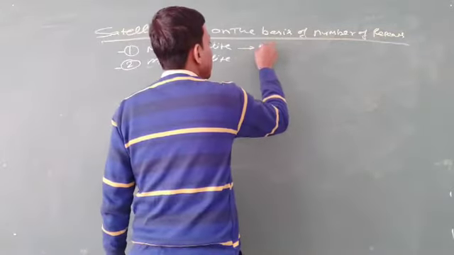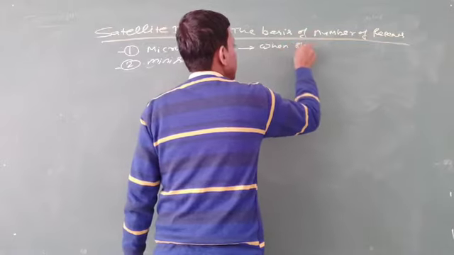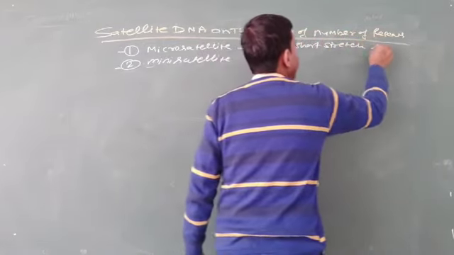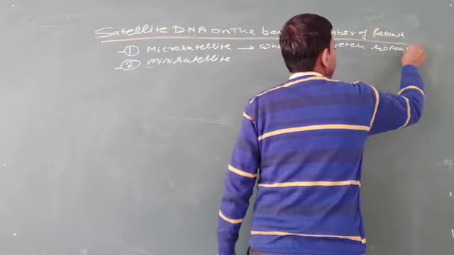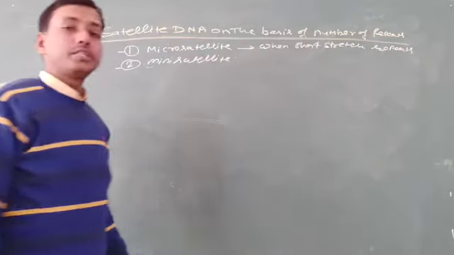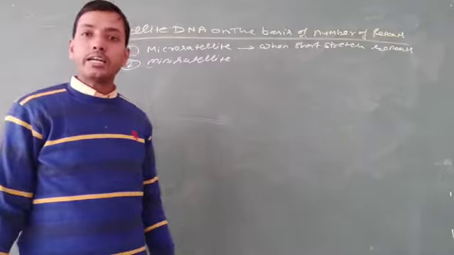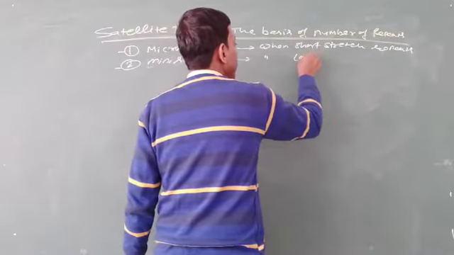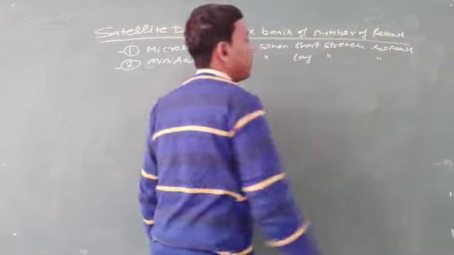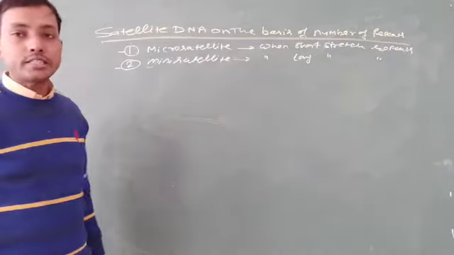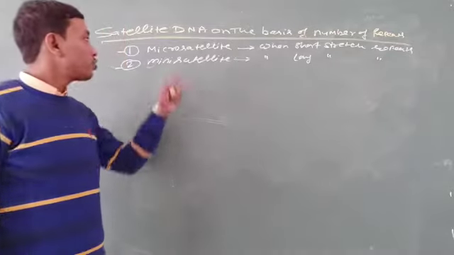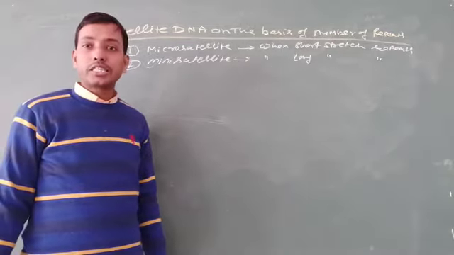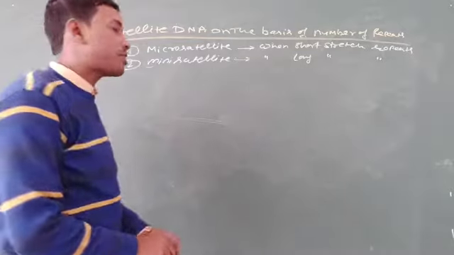That is, when short stretch repeats are found, that satellite DNA are called as microsatellites. And when very long stretch repeats are found, that satellite DNA is known as the mini satellites. So microsatellites, when short stretch repeats are found, short stretch and long stretch repeats से क्या मतलब है?